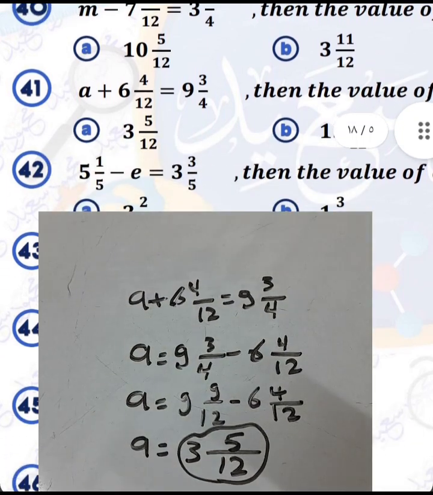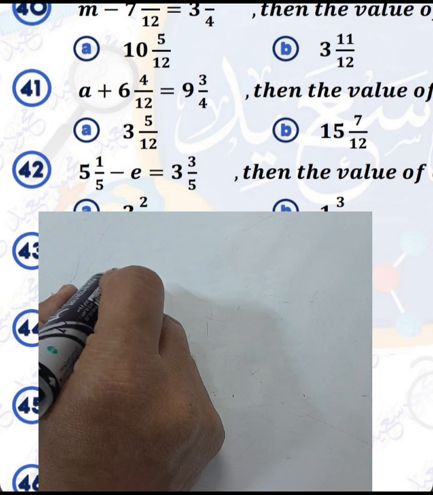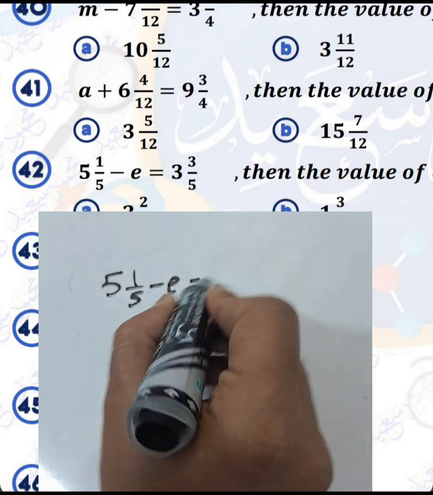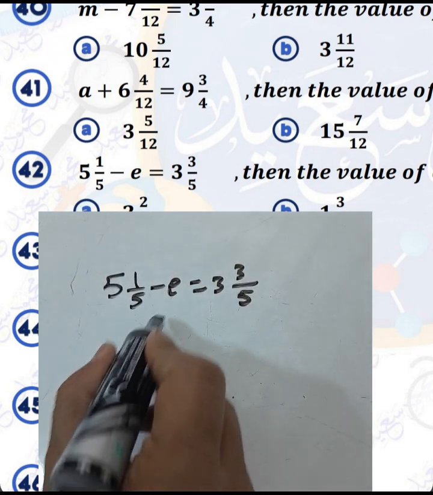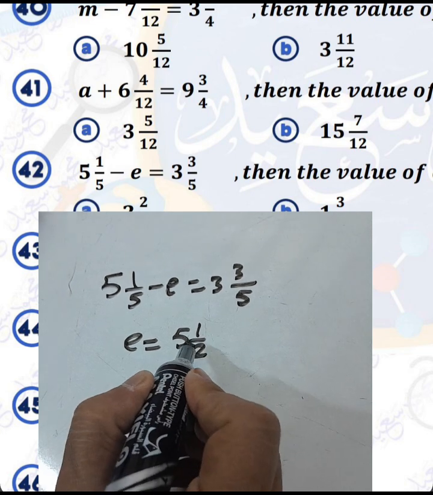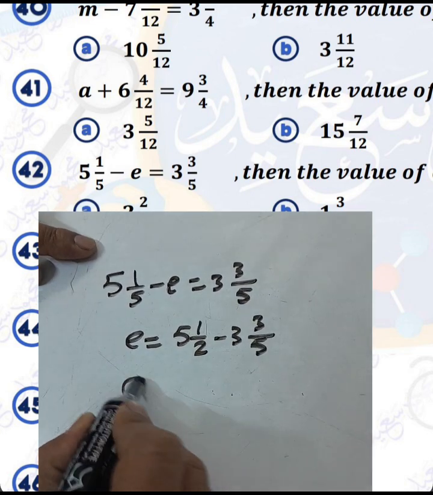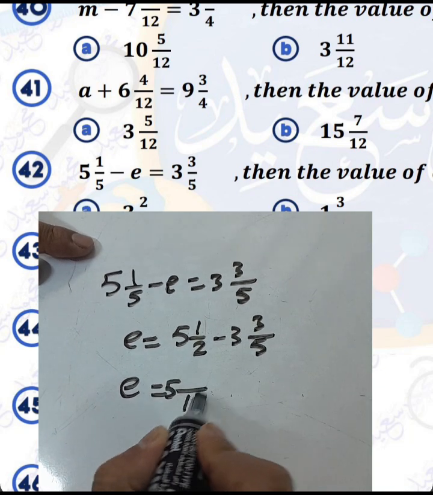Question 42. We have 5 and 1 over 5 subtract by e equals 3 and 3/5. We can find the value of e by finding the difference between two numbers. 5 and 1 over 5 subtract by 3 and 3/5. Then we can write the least common multiple between two denominators. It will be 10. 2 times 5 equals 10.